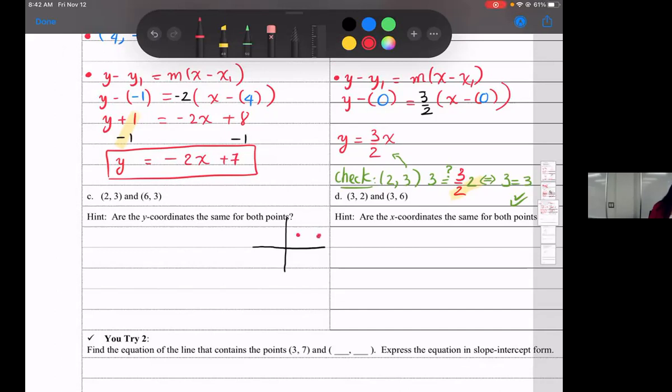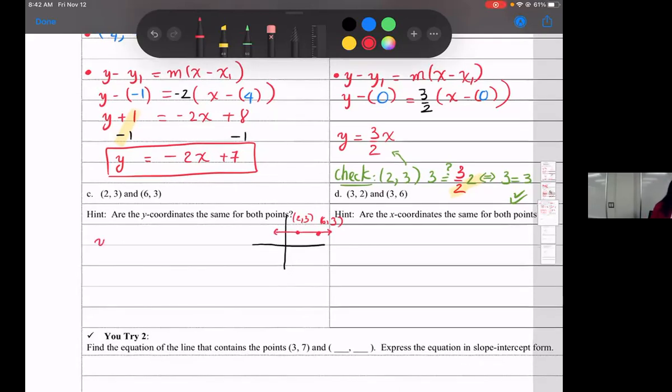If you connect the two dots, they are a horizontal line, right? So it's gonna be y equals something. Y equals 3, because y cannot be changed. It's always 3.